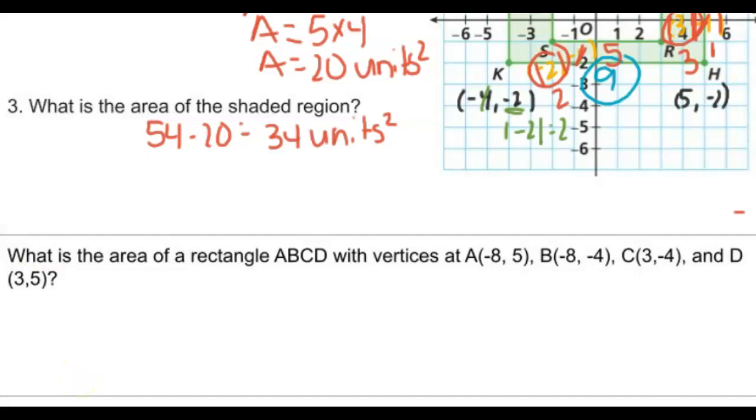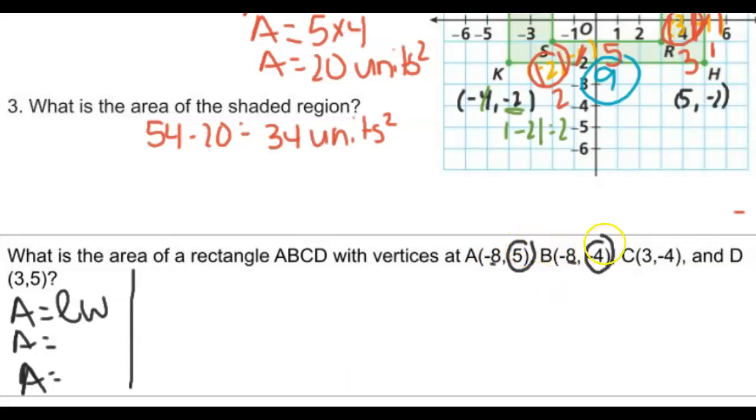So let's look at the first one. We have a rectangle, and we're finding the area. So I know we're doing area equals length times width. I'm just going to block that off so I can do all of this and get the answer. And over here, I'm going to do all my work. So first I'm going to look from A to B. If I look from A to B, I notice that I have a negative 8 and a negative 8. That's not helping me. But here I have a 5 and a negative 4.